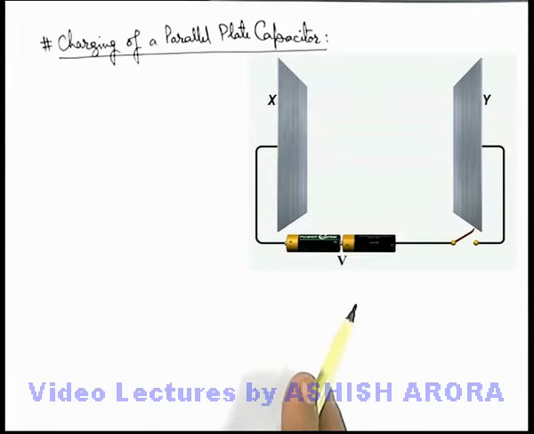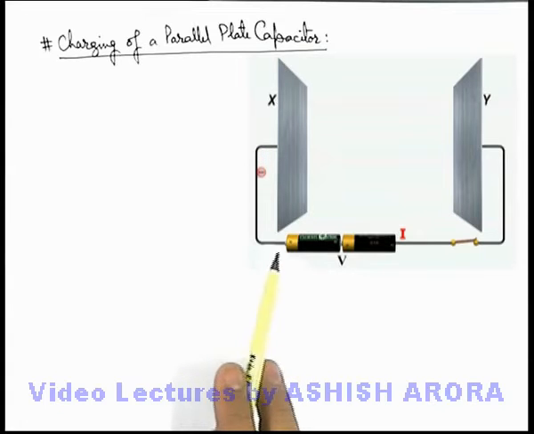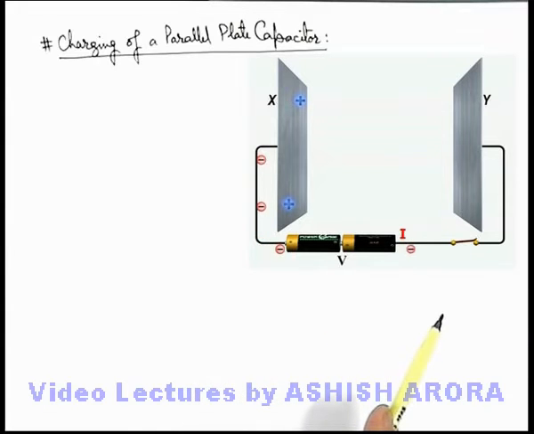Here, if we close the switch, the positive terminal of the battery which is connected to the plate X will start pulling electrons from the plate and will transfer these electrons to the plate Y of the capacitor. And as the charges on the capacitor plates will be equal and opposite, positive charges will appear on X due to the loss of electrons.